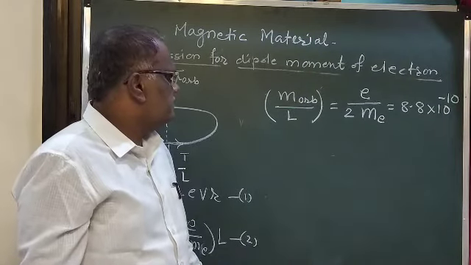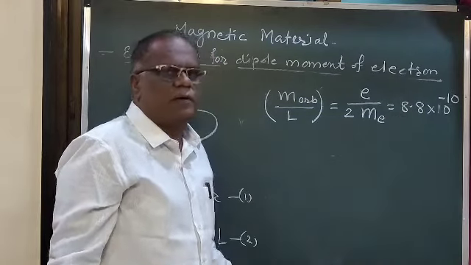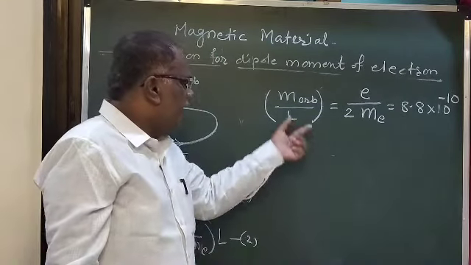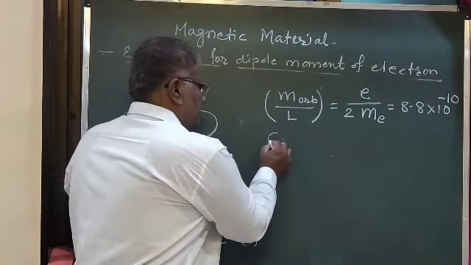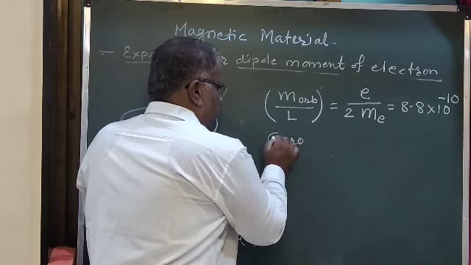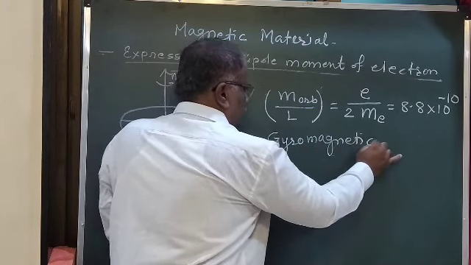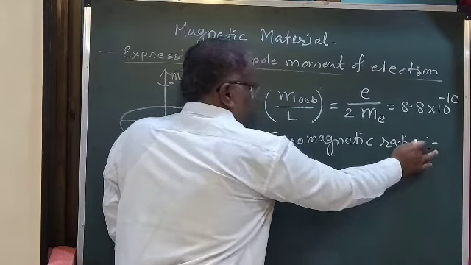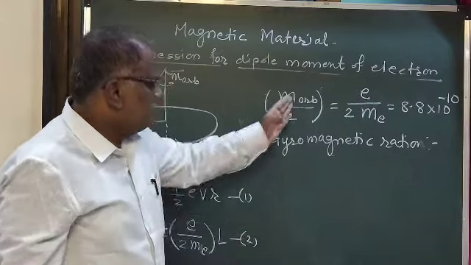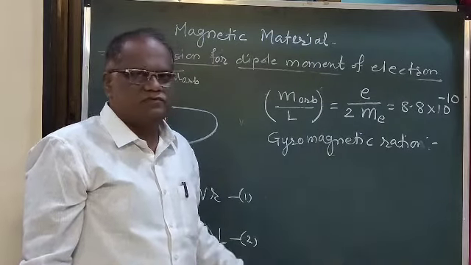Hence its value is 8.8 into 10 to the power minus 10, and this constant is known as the gyromagnetic ratio. From this equation we can define the gyromagnetic ratio.